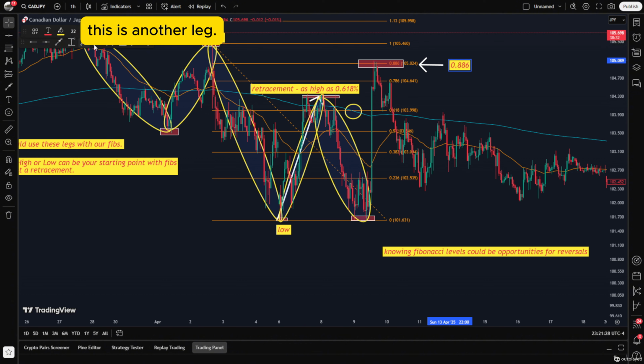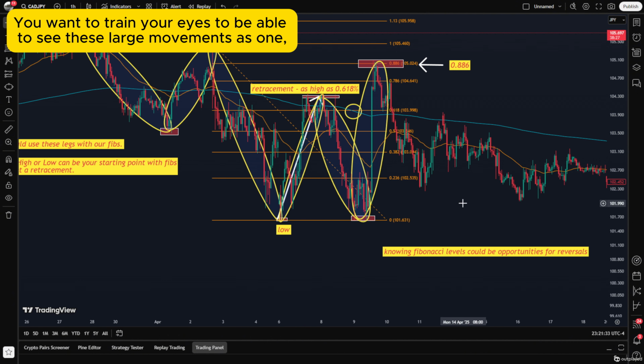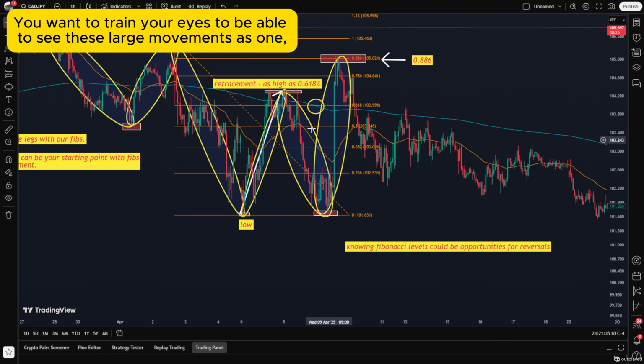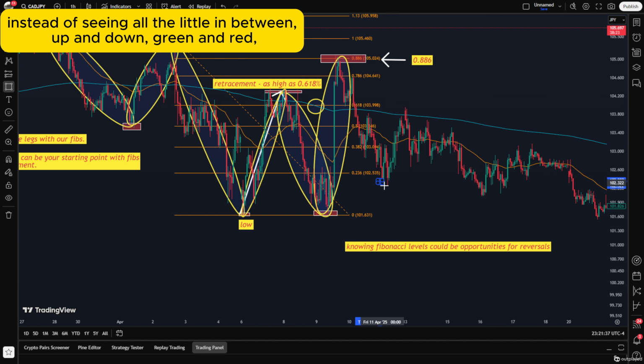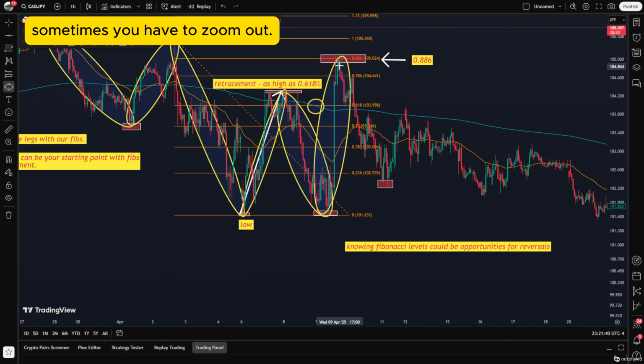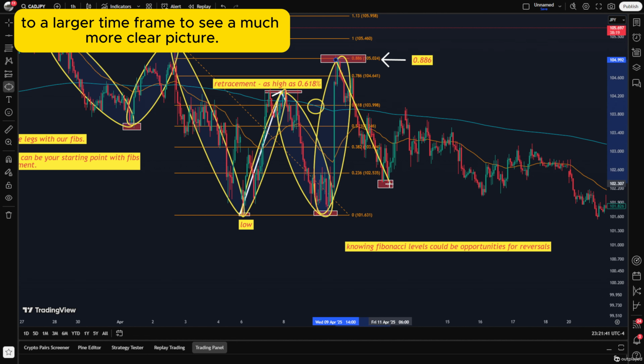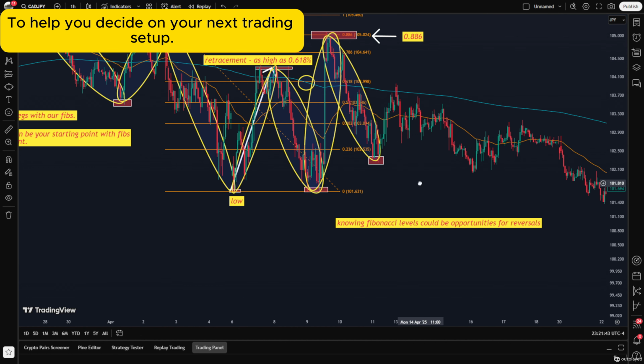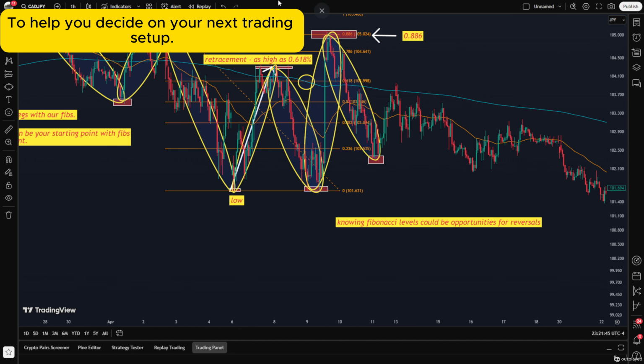And yes, this is another leg. You want to train your eyes to be able to see these large movements as one. Instead of seeing all the little in-betweens, up and down, green and red, sometimes you have to zoom out to a larger time frame to see a much more clear picture to help you decide on your next trading setup.